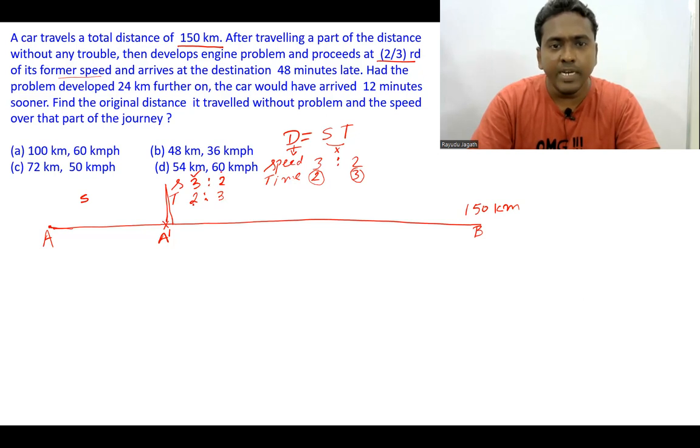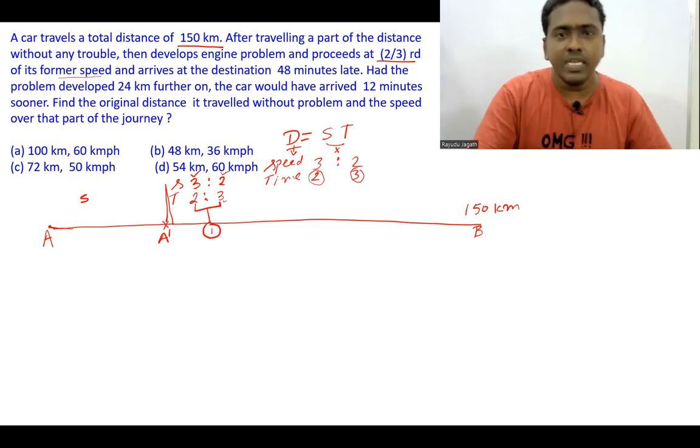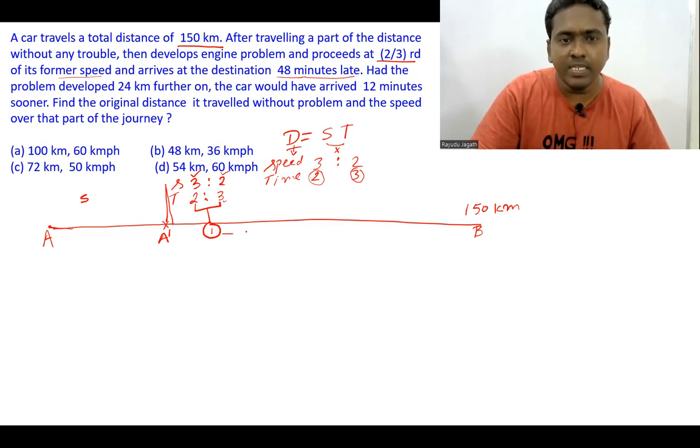Because of reduced speed to 2 parts, it reaches the destination in increased time of 3 parts. That 3 minus 2 is nothing but 1 part. 1 part is nothing but delayed time. Here in the first case, the delay was 48 minutes late. Therefore, 1 part corresponds to 48 minutes.